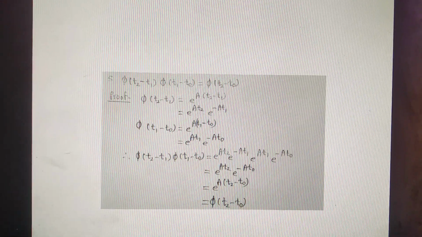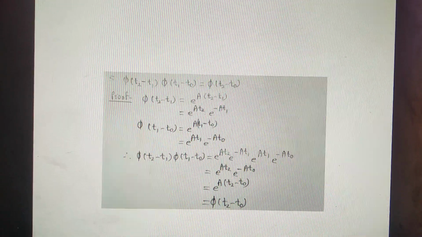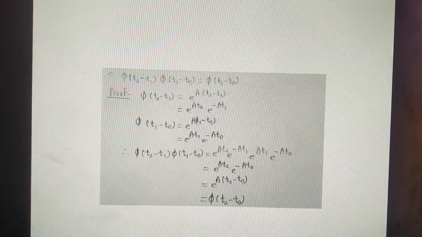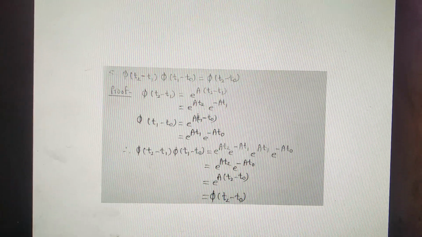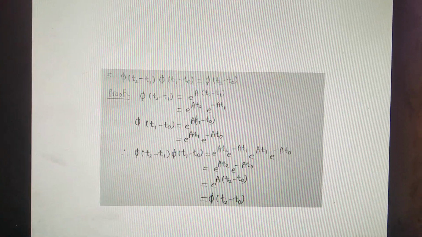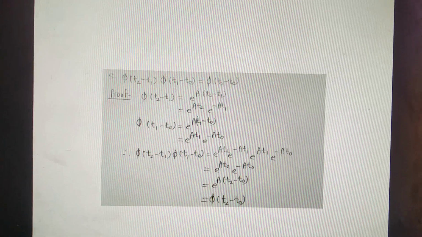The last property, phi of t2 minus t1 into phi of t1 minus t0 is equal to phi of t2 minus t0. See, in this case, we have to apply the last property. As we know, phi of t2 minus t1, applying the last property, will become e raised to at2 into e raised to minus at1.